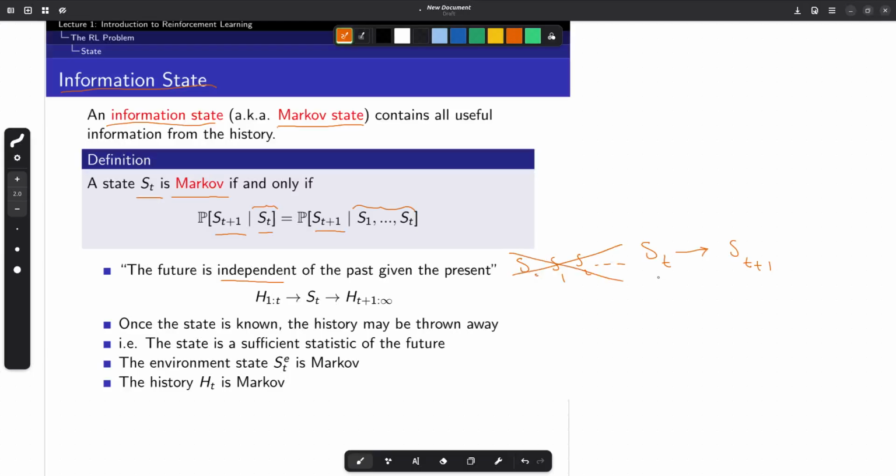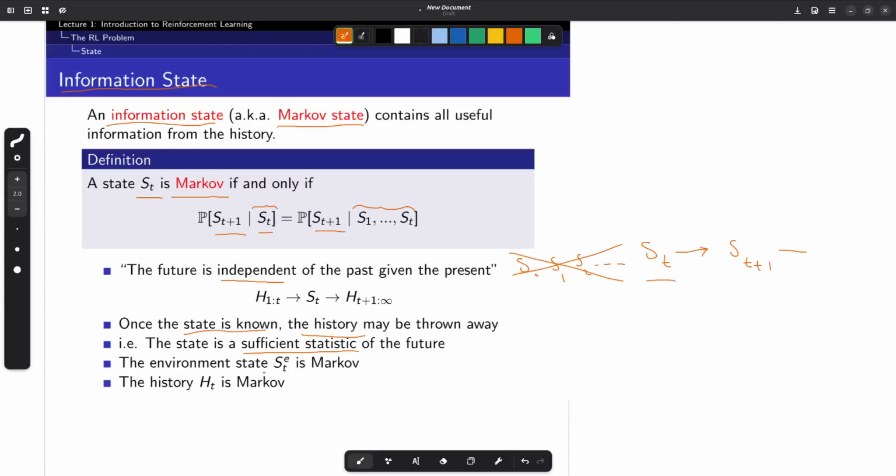The only thing that you would need to determine the next state is the current state. So once we know the current state, we can throw away all of the history because we wouldn't need it to predict the next state. In other words, the state is a sufficient statistic of the future.